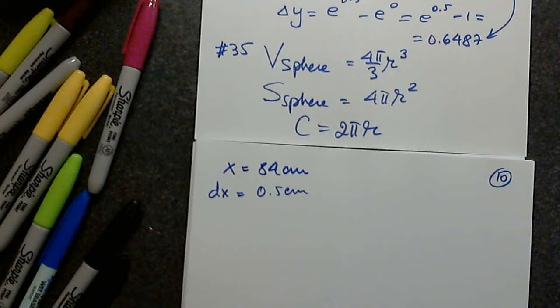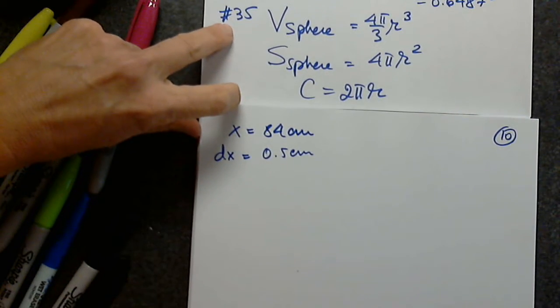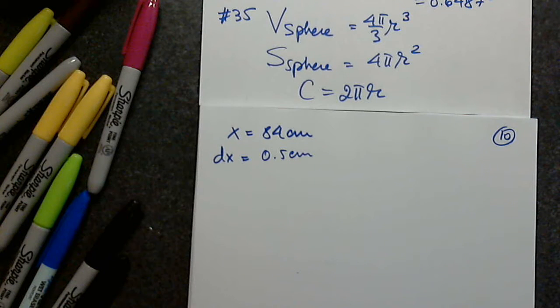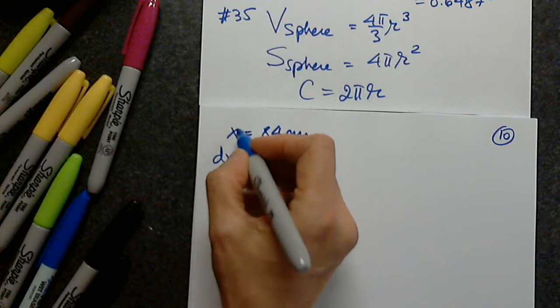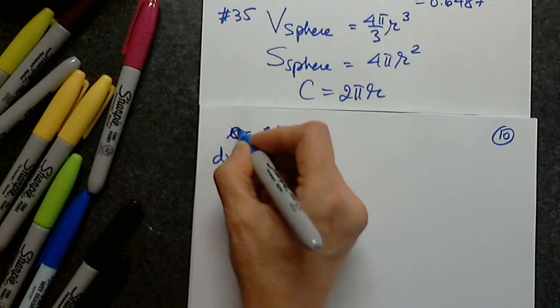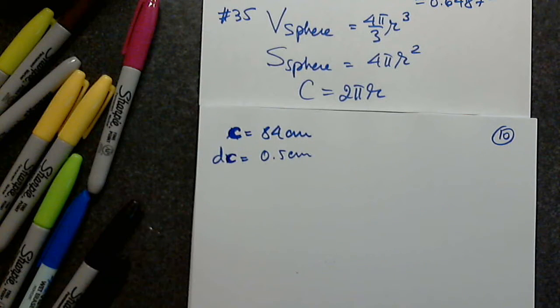Use differentials to estimate the maximum error in the calculated surface area. So the circumference was measured to be 84. So this is C, and this is dC, because the measurement is given for the circumference.